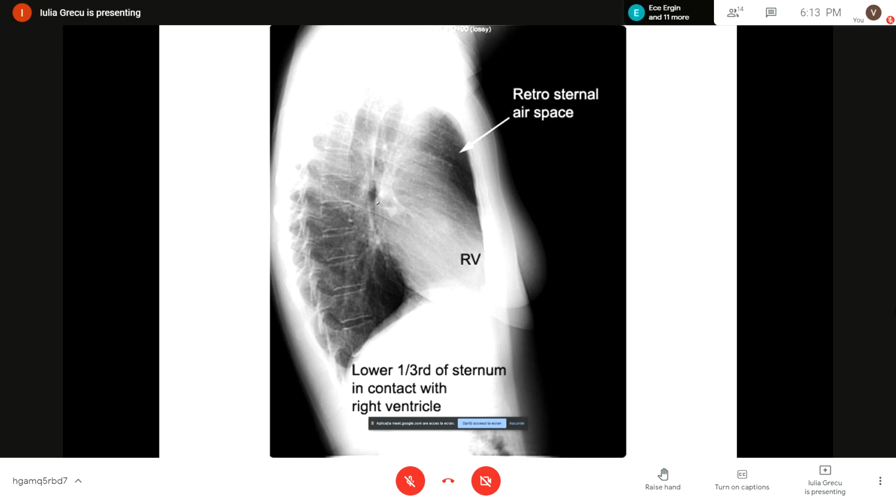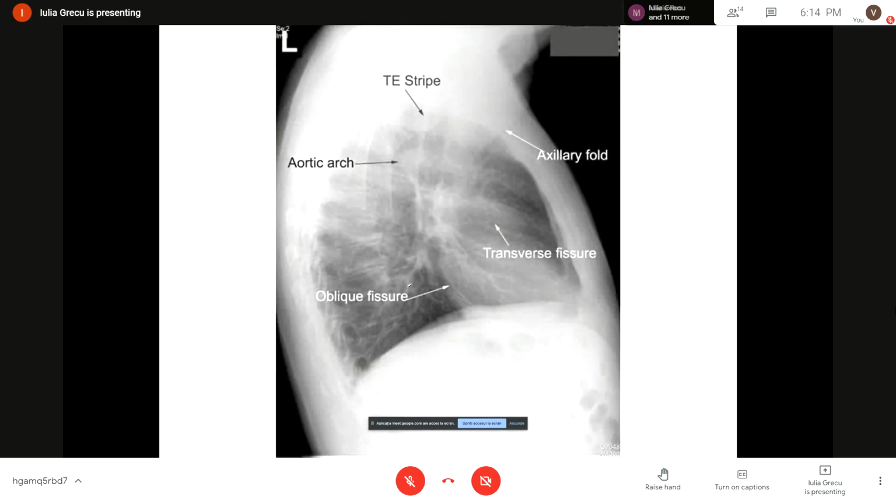Also, the most superior and posterior cavity on the lateral X-ray is the left atrium, and the most inferior and posterior, the left ventricle. I will show you a diagram immediately that will help you understand much more easily.